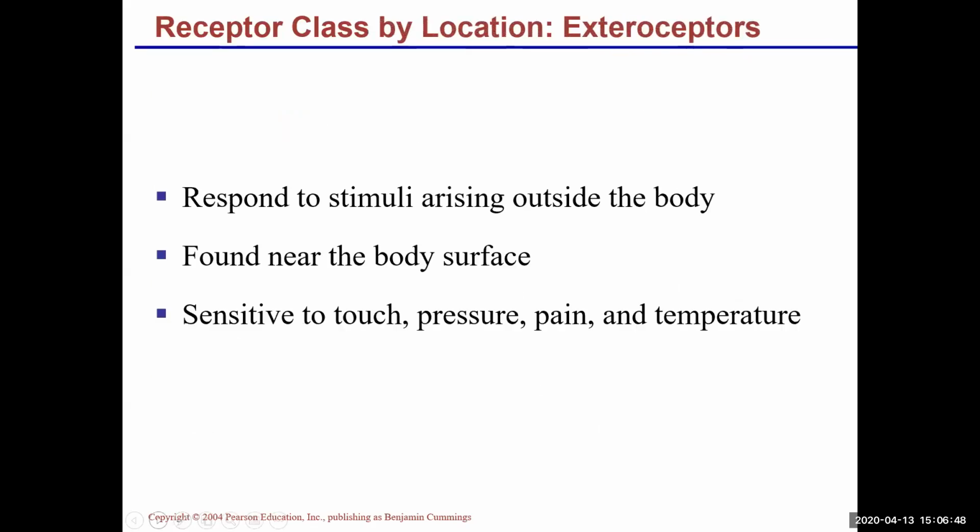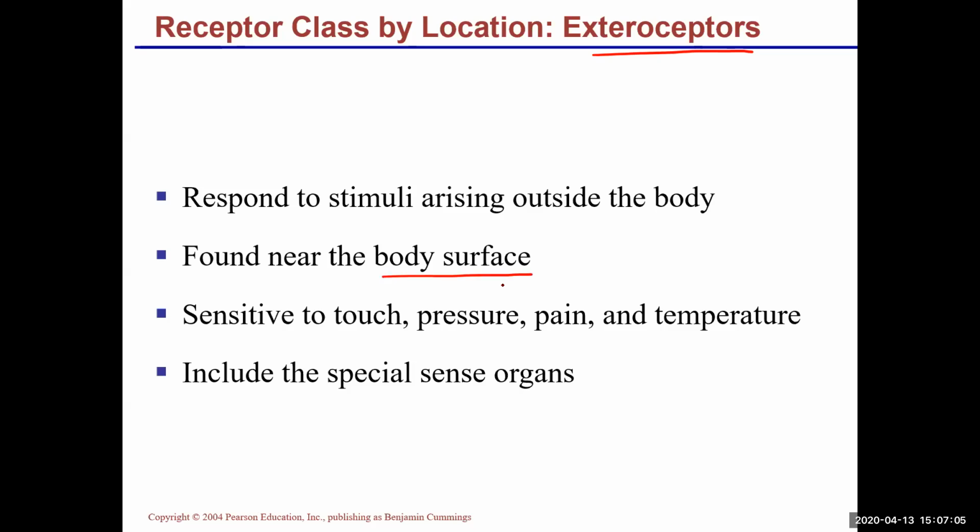Next up, we're going to categorize receptors based on location. You have two locations. One of the locations is called exteroceptors. Extra means exterior, outside. Exteroceptors are the receptors that are usually towards the surface of the body, and they're sensitive to touch.